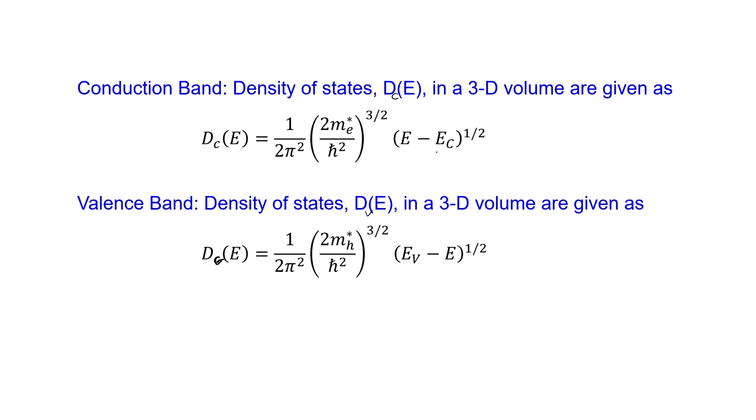So Ec becomes the baseline for this. It is not from 0 to E, it is from Ec to higher energies. And for the valence band, the analogous term dVe is 1 over 2 pi square into 2 mh star divided by h cross square to the power 3 by 2 into Ev minus E to the power half.